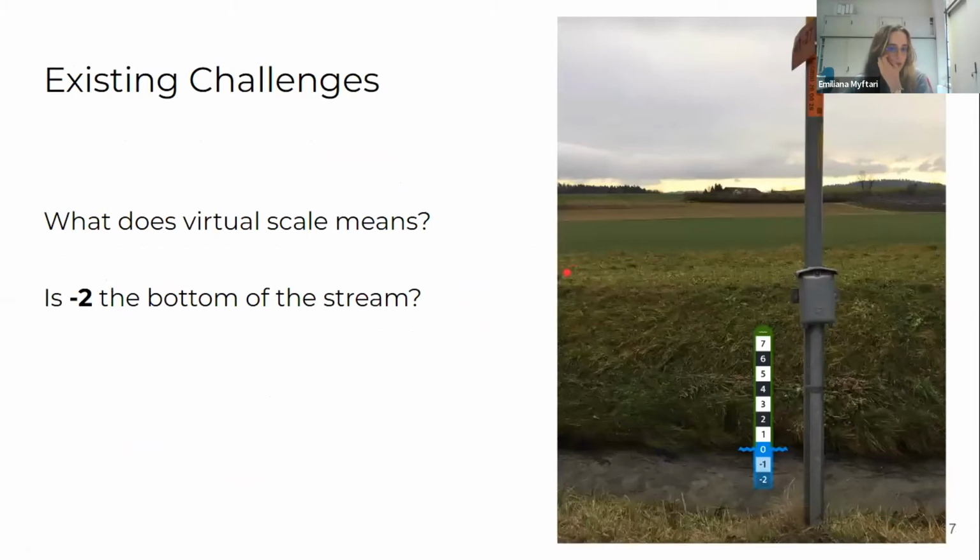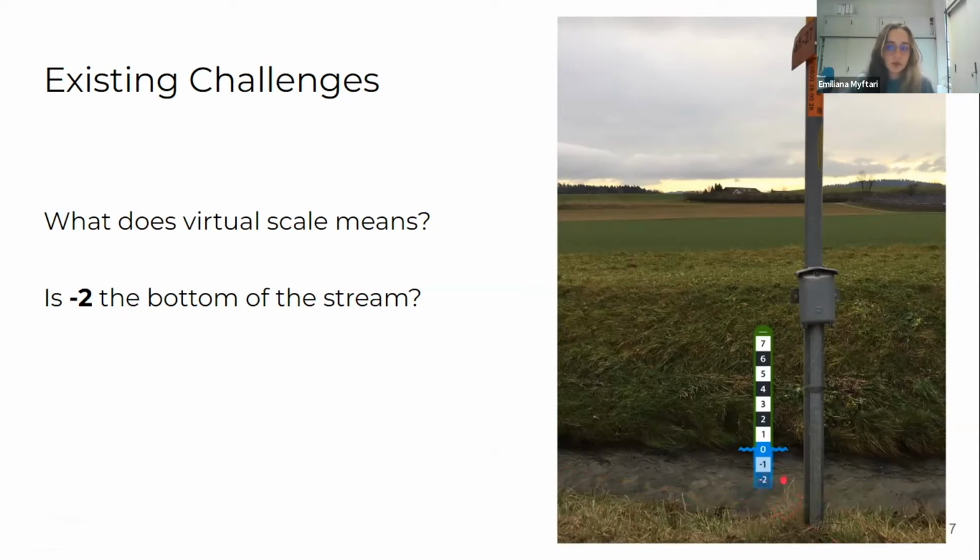So the problem with the virtual scale, when we selected the stations that we wanted to use, we needed to understand what the virtual scale means, because it is not clear what the meaning of a +1 in this scale is. And what is the meaning of the -2? Is it the bottom of the stream or not?